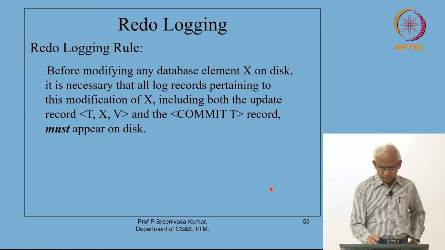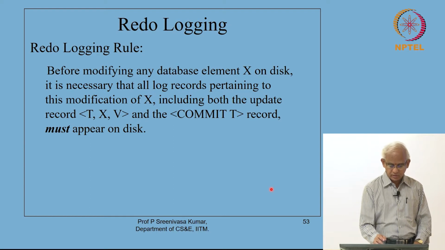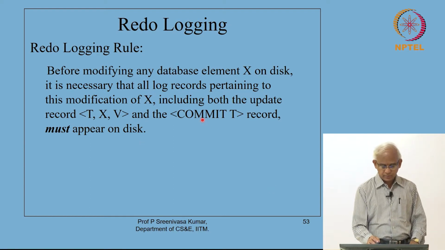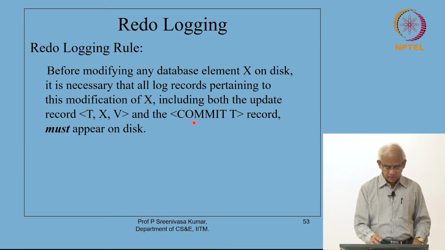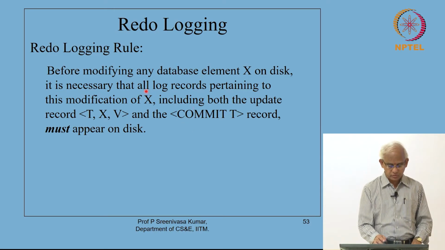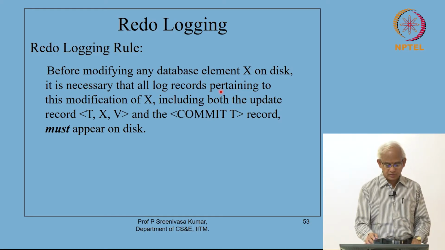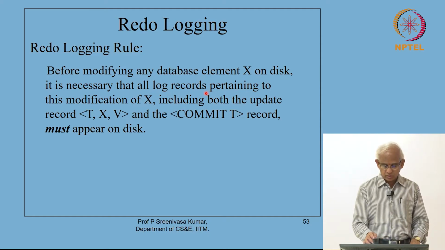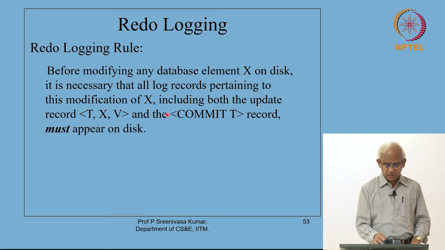This is also called write-ahead logging. Before we write anything onto the database, we must ensure that all the log entries made by that particular transaction, including the commit entry, are on the disk. Read it like this: before modifying any database item X on the disk, all log records pertaining to this modification, including the update records as well as the commit record, must reach the disk.